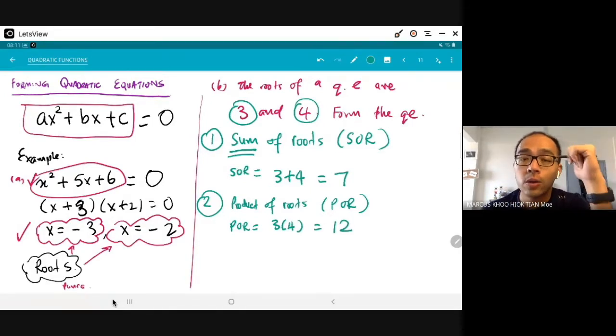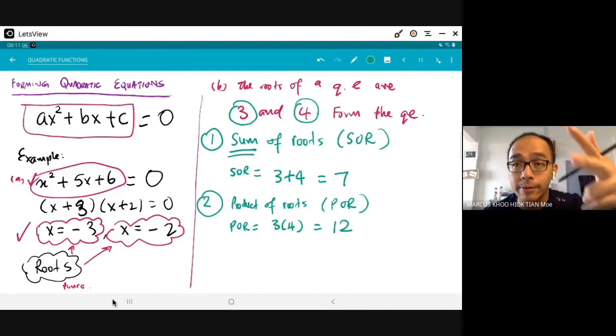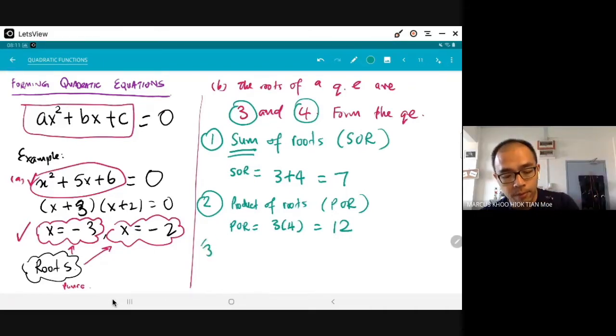So step 1, find the sum of roots. Step 2, find the product of roots. And step 3, insert into this template. Take a look at this template very carefully.